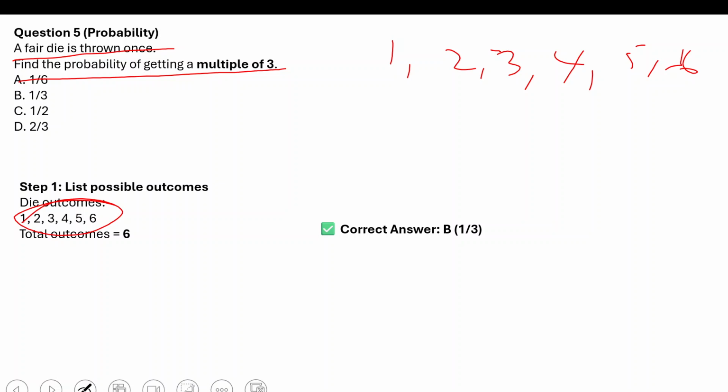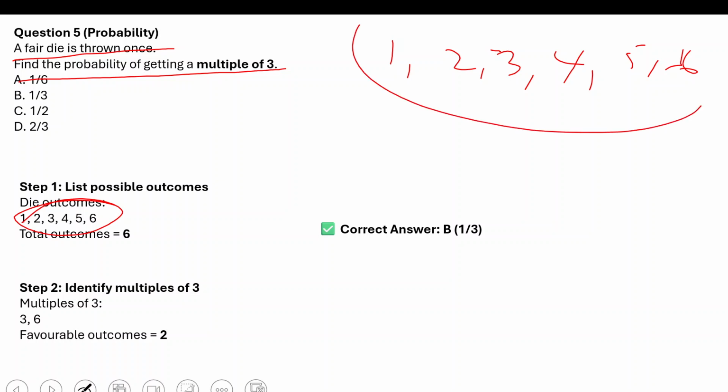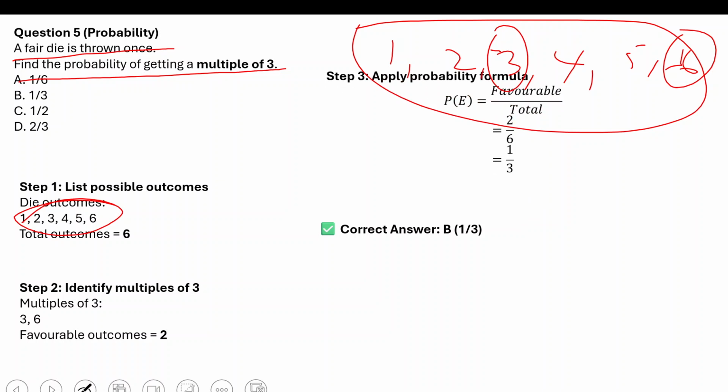But if we want to get the multiples of 3, it's only 2 times that we can get multiples of 3 in these outcomes, right? 3 and 6, 2 times. So the formula for probability is favorable outcome over total outcome.